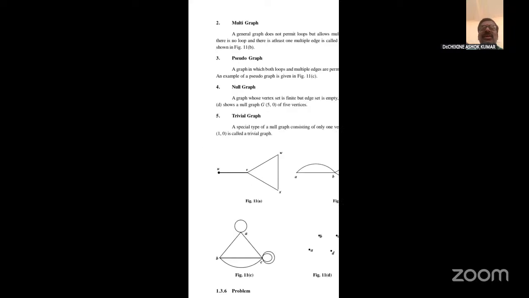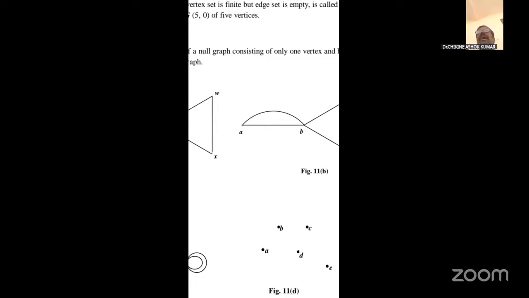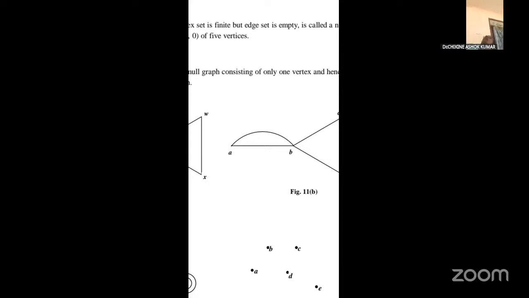The graph shown in 11b is a multigraph, because it has multiple edges. So a multigraph means a graph that has multiple edges.